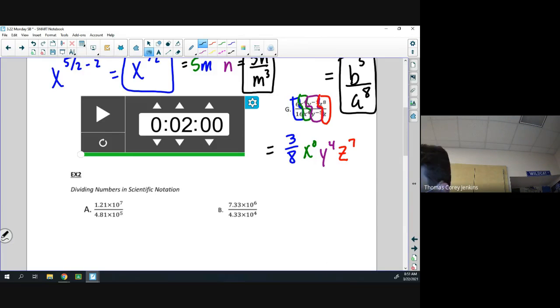What goes up top would be 3 times 1, right? x to the 0 equals 1. So 3 times 1 times y to the 4 times z to the 7. So really, I'm just going to put 3y to the 4 z to the 7. And then what's on my denominator is just the 8. So all over 8.